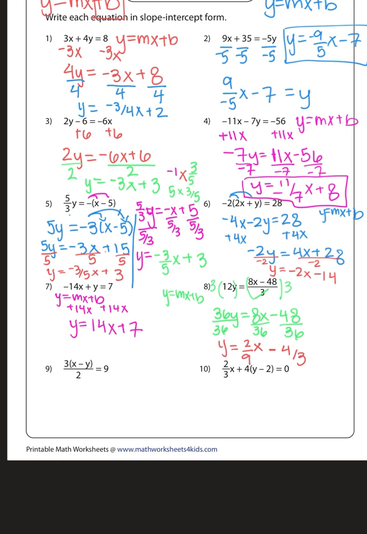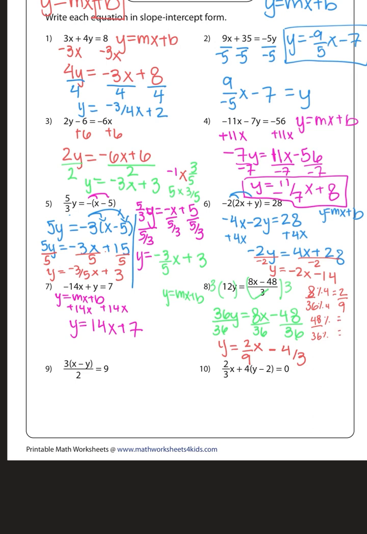So for 8 over 36, I'm going to say what goes into both. And 4 goes into both. So I'm going to divide by 4 on the top, divide by 4 on the bottom, and we get 2 over 9. We can do the same thing for 48 over 36. So we're going to think of which number divided by each will give us the correct answer.